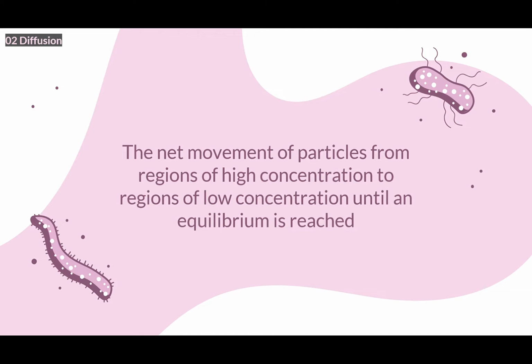Then we also have temperature as a factor of the diffusion rate, because temperature affects the kinetic energy. And lastly, we also have molecular size as a factor of diffusion rate, because of the dynamic nature of molecules and how fast they can move.